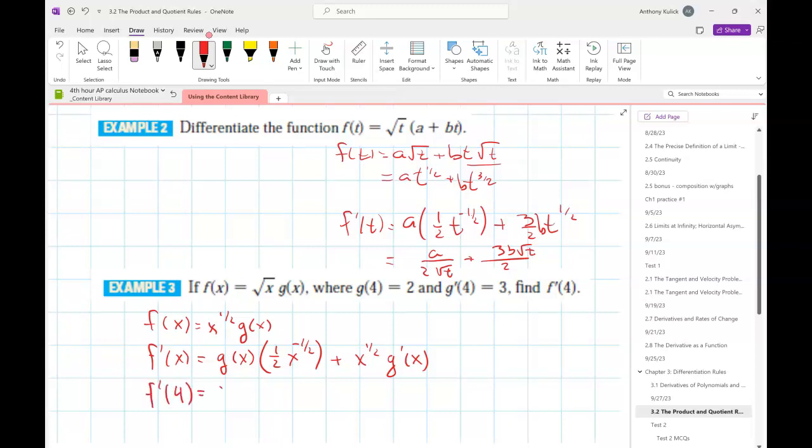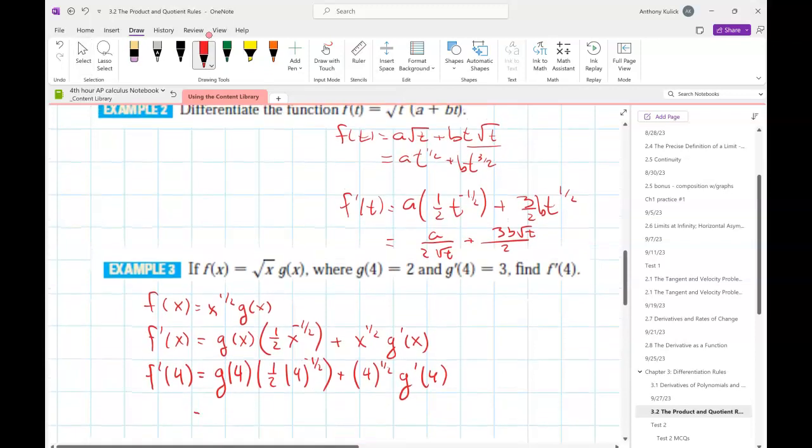If I want to do f prime of 4, I can do that. And what's g prime of 4? Or I'm sorry, g of 4. 2. All right, here's the $1 million question.